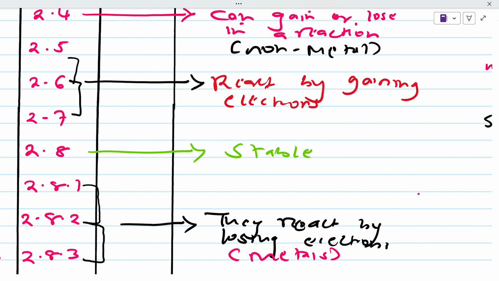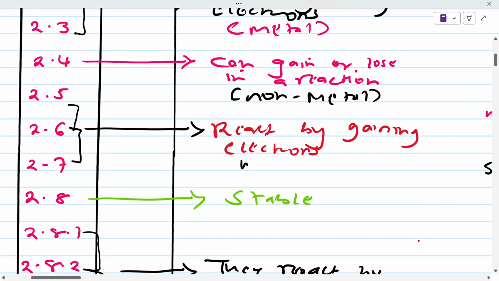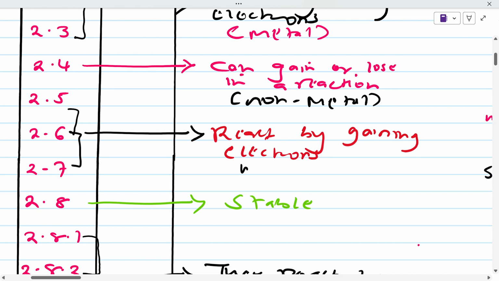Now, any that reacts by gaining electrons, this one is also, sorry, this one is not supposed to be a nonmetal, so I'm supposed to write it here. Yeah, these ones are non-metals.